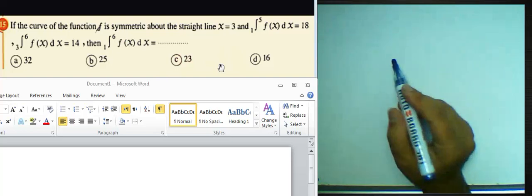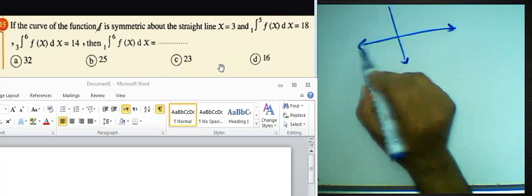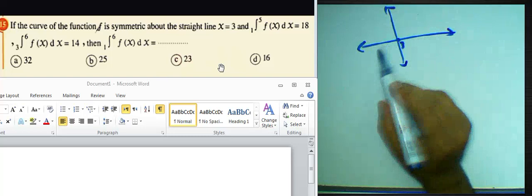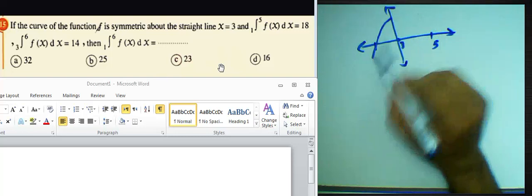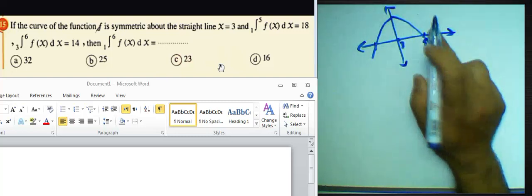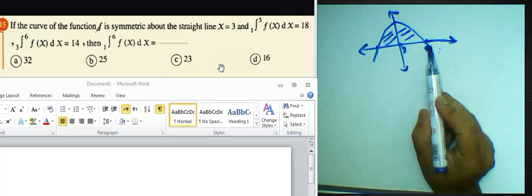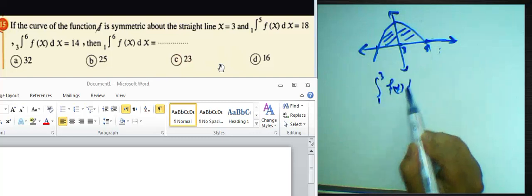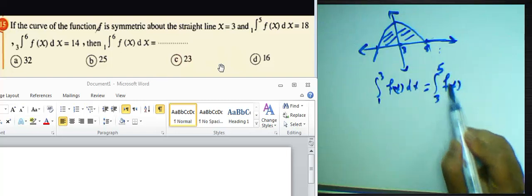Okay, in this example we have the line of symmetry x equals 3, and the curve is symmetric from 1 to 5. He gives us the integration from 1 to 5 equals 18, then the integration from 1 to 3 of this function equals the integration from 3 to 5 of the same function.